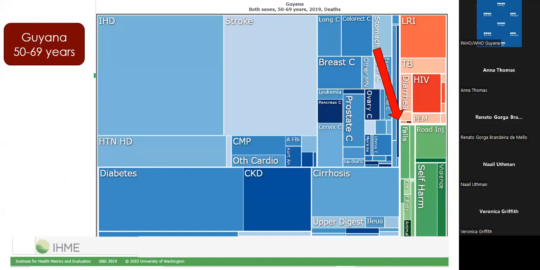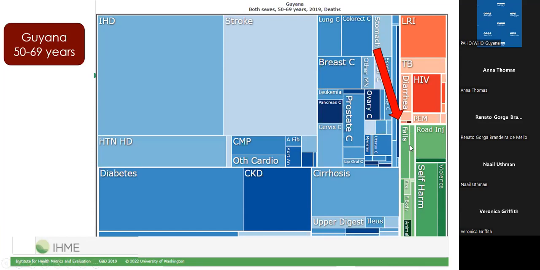In the red arrow here, you can observe the percentage of annual deaths caused by a fall episode for adults aged 50 to 69 years, here represented in this green box.